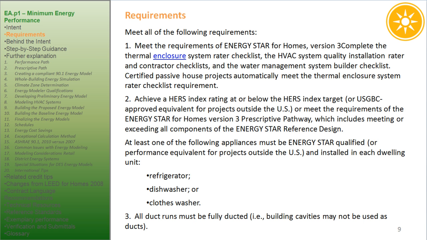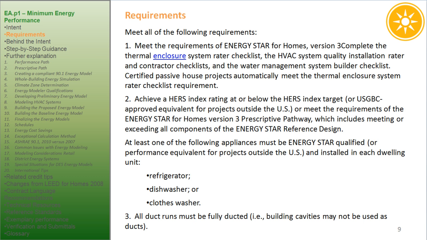Certified Passive House projects automatically meet the thermal enclosure system rater checklist requirement. 2. Achieve a HERS index rating at or below the HERS index target, or a USGBC-approved equivalent for projects outside the US, or meet the requirements of the Energy Star for Homes Version 3 prescriptive pathway, which includes meeting or exceeding all components of the Energy Star reference design.